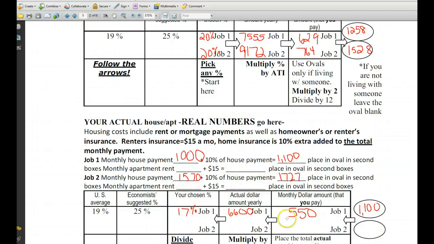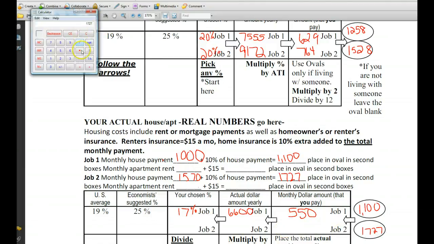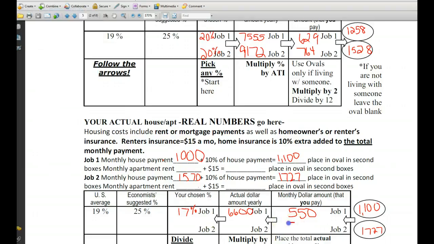Now the question is, can I afford that? So if I put in here 1727, and I divide that by 2 because of my being married, it's 864.